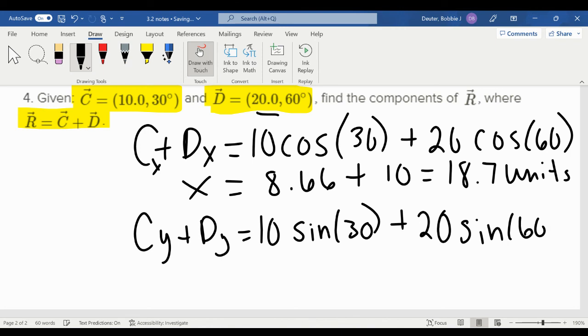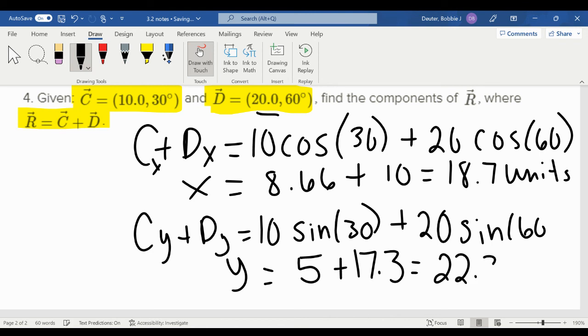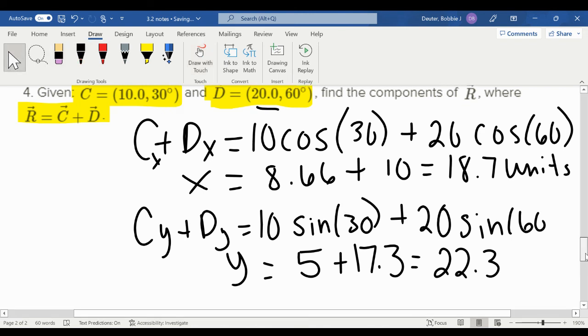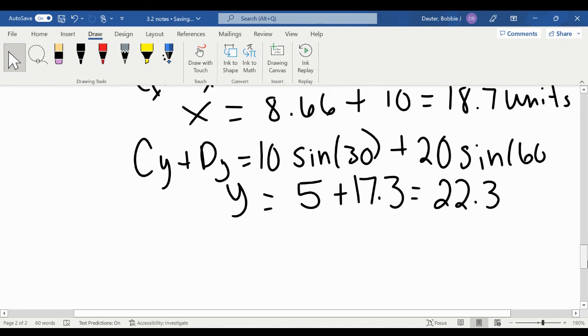When we solve for this, you're going to notice that we have 10 times sine of 30 is equal to 5 units plus 20 times sine of 60 is equal to 17.3 units, giving us our y being 22.3 units.